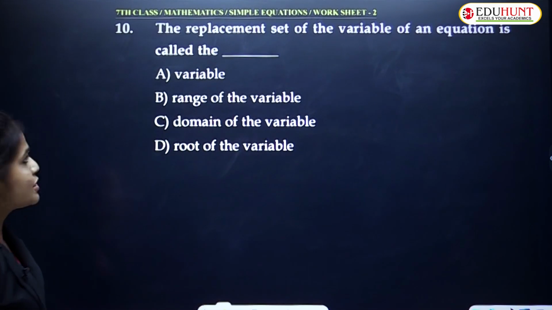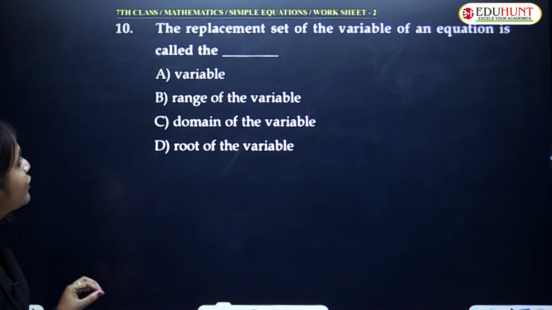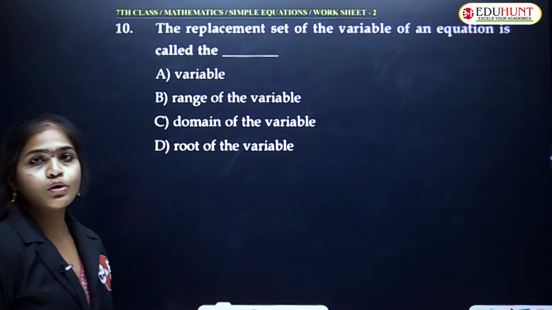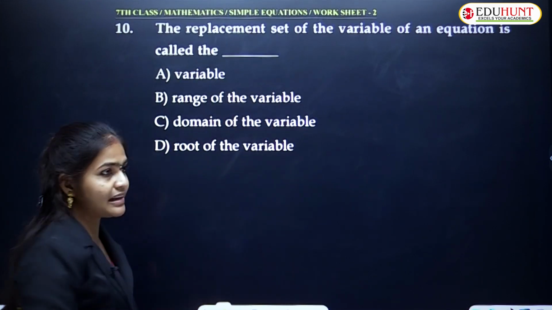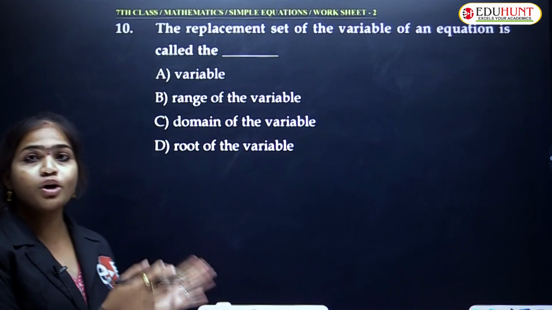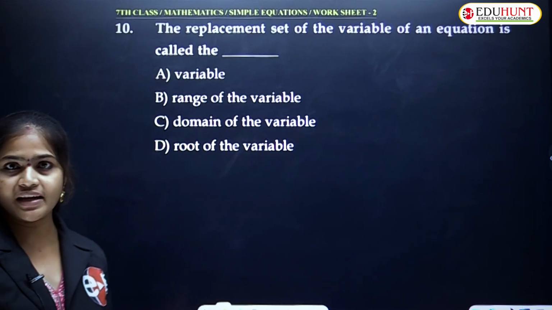And finally, the last question from this worksheet. The replacement set of the variable of an equation is called. What will we call that ma? The replacement set means the set of numbers for the variable of an equation. What are we calling that? Domain of the variable we are calling, right?